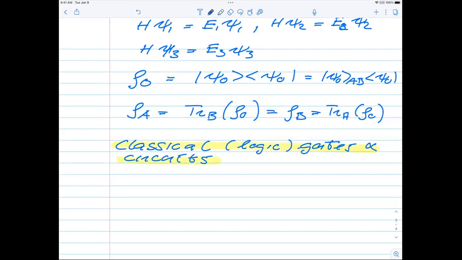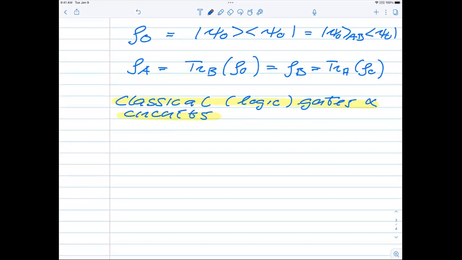So you have probably encountered something like a NOT gate, which we discussed in the beginning of the semester here. So the NOT gate is actually an example of a reversible operation, because knowing the output, we know what the input was. So the NOT gate is often just written like this.